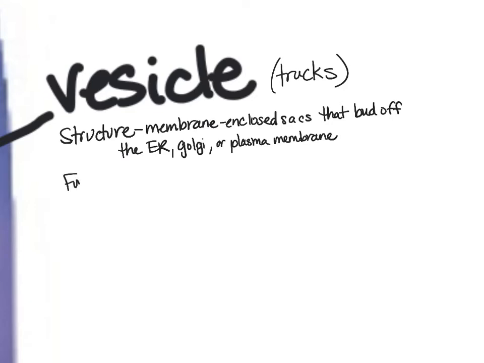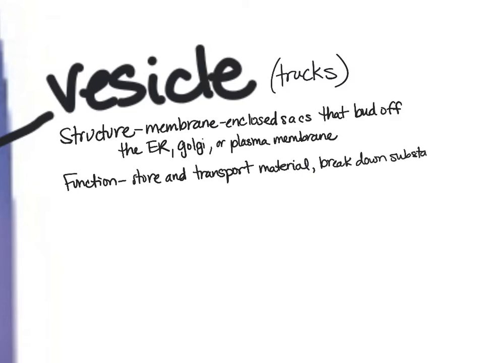So the function of these vesicles is to store and transport material, and then they can also break down substances. Now, breaking down substances depends on whether the vesicle contains particular enzymes. And we'll talk about that.